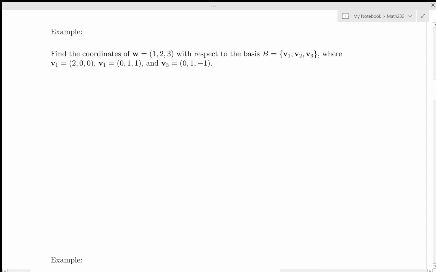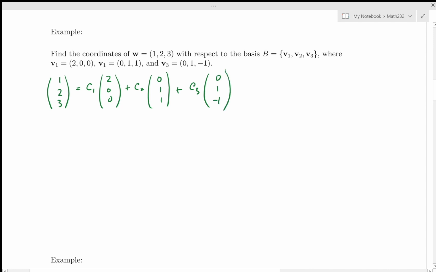So what I want to do is figure out how I represent 1, 2, 3 as a linear combination of these three basis vectors. Okay, so this is our usual problem.